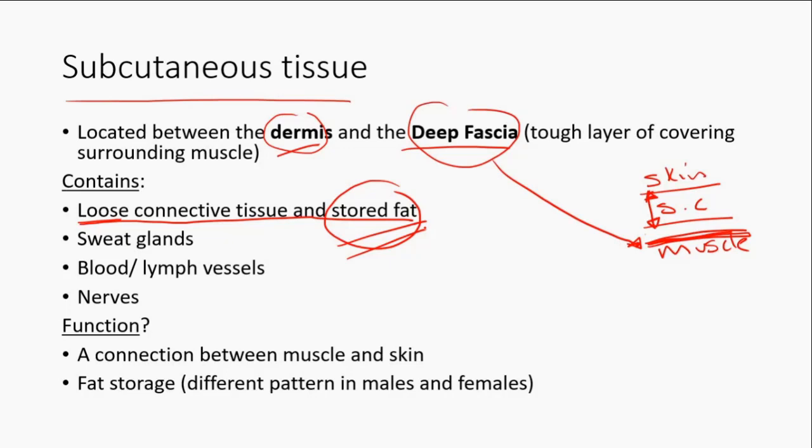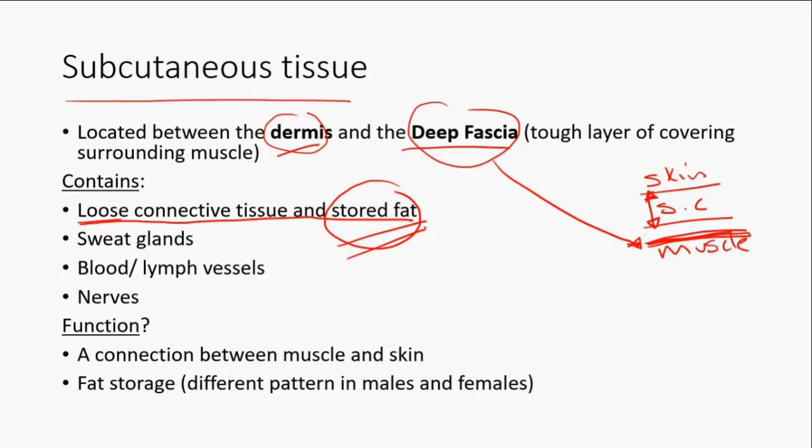The interesting thing is that in males and females, the arrangement of this fat varies. It's not the same. Males tend to have their fat located in different places to females. An easier way of explaining it is that females tend to have more fat around their waist and legs, I presume. So the subcutaneous layer around a woman's waist will be thicker than that of a man's.